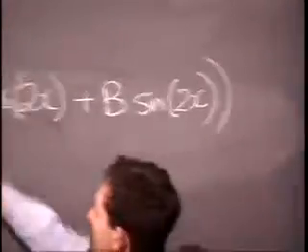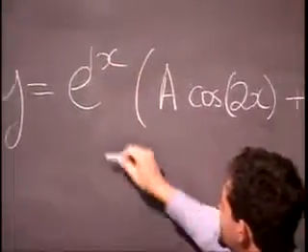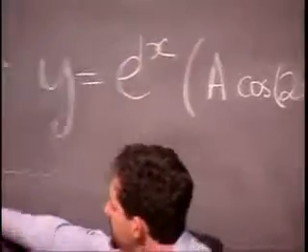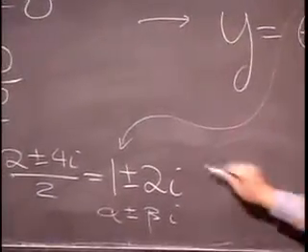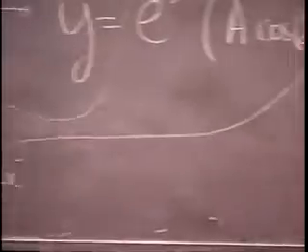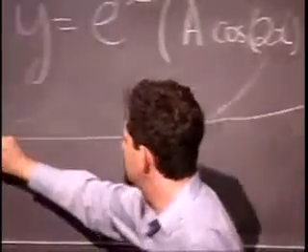So the 1 here comes from this 1 down there, and the 2 in both places comes from this 2.